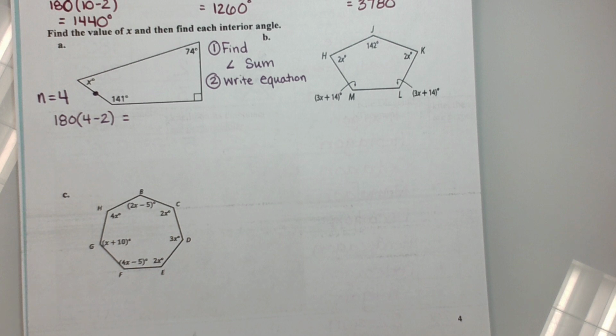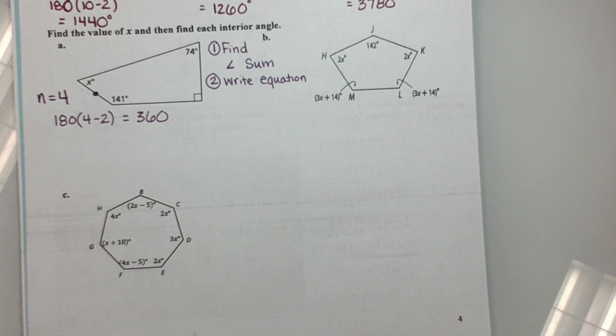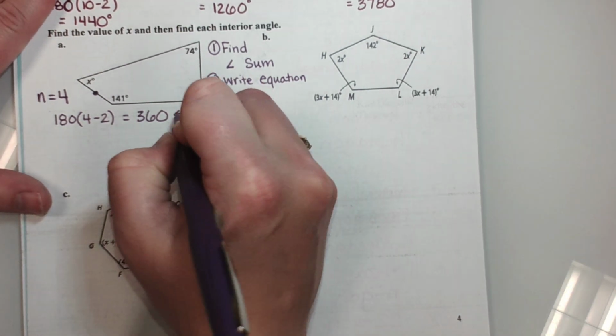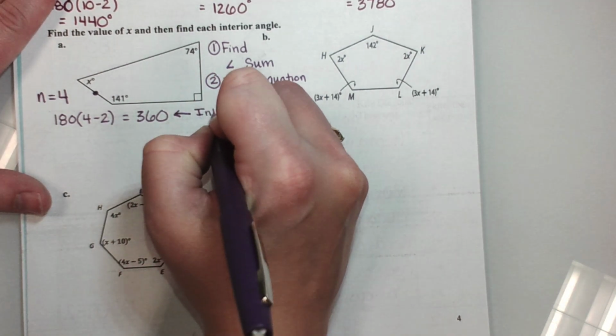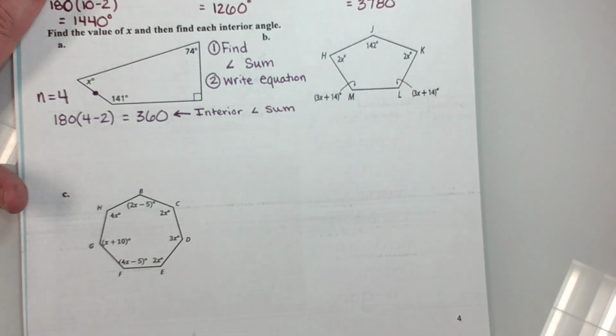I'll give you a minute to type it into the calculator if you haven't already. 360. You got it. So that 360 is the interior angle sum.